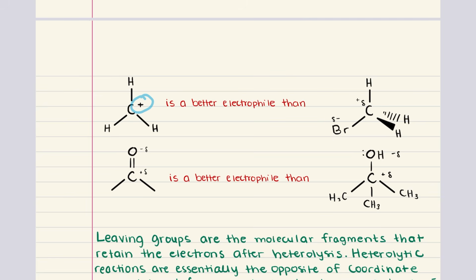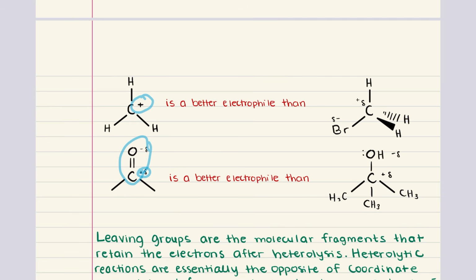A carbonyl carbon is also a strong electrophile, but in this case, the oxygen withdraws electron density, creating a partial positive charge on the carbon. This makes carbonyl-containing compounds like aldehydes and ketones prime targets for a nucleophilic attack.